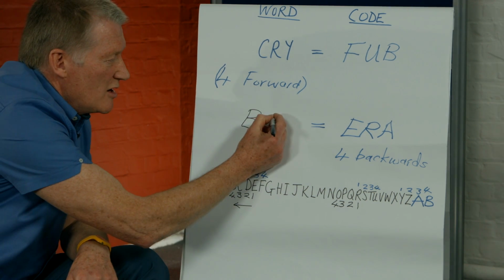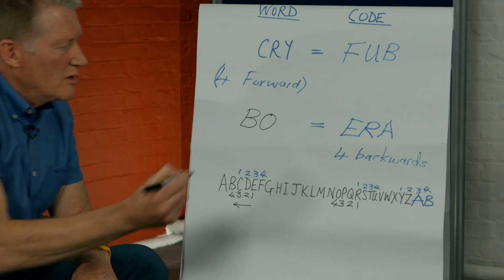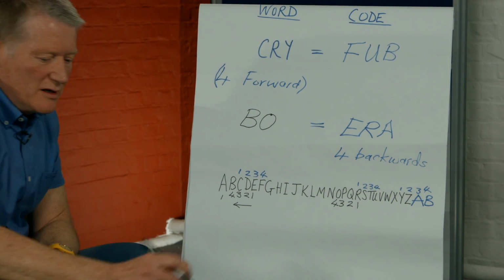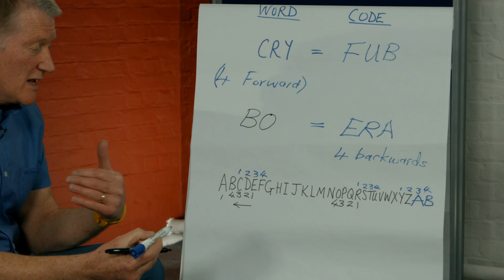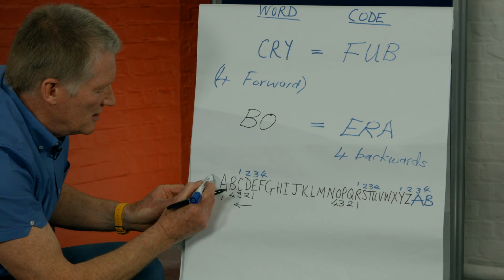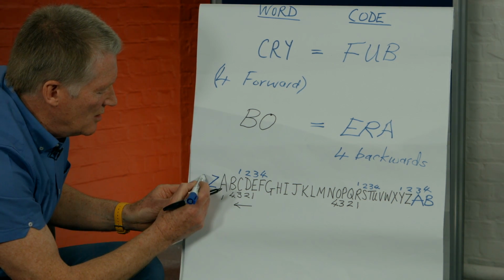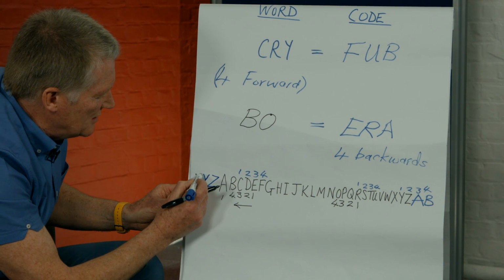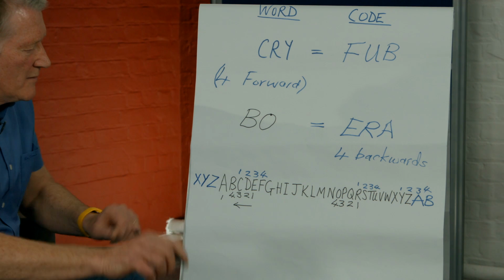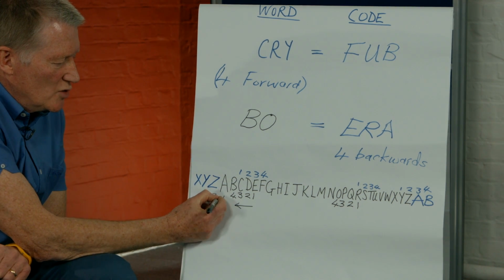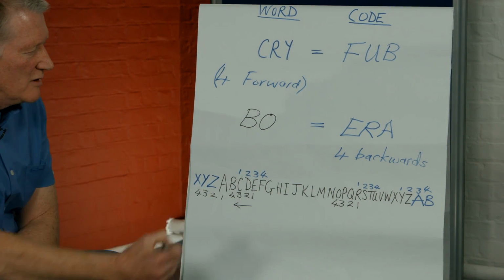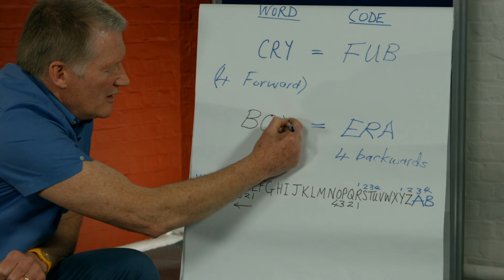So R is the letter O. And finally A. Well, I can put a 1 there. But again, we've got to repeat the alphabet here. Z, Y, and X. So Z is 2, Y is 3, and X is 4. So that's an X.